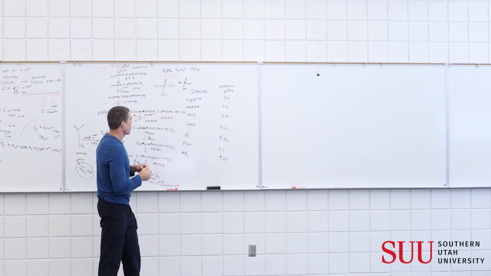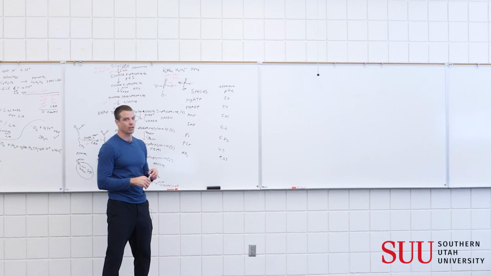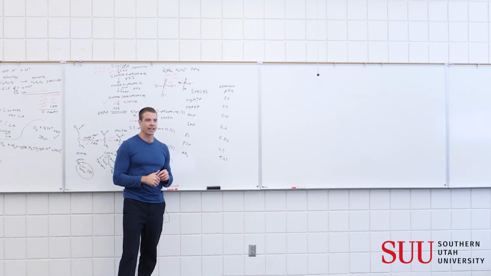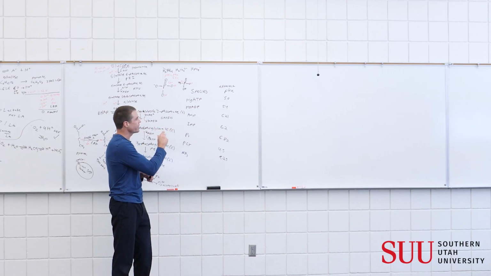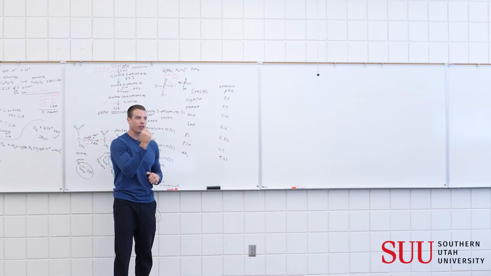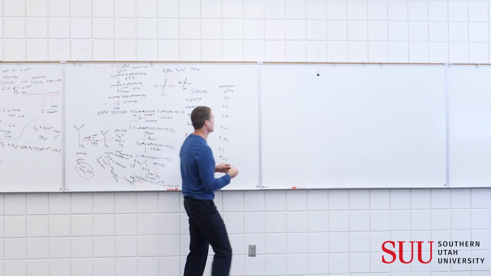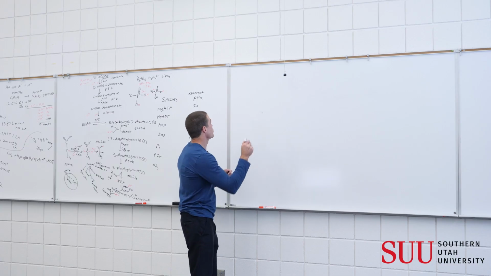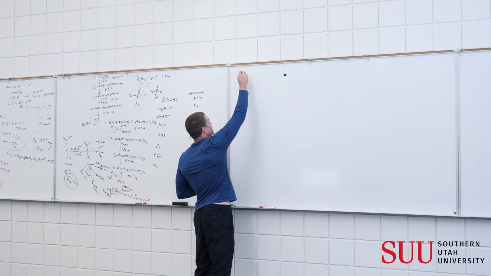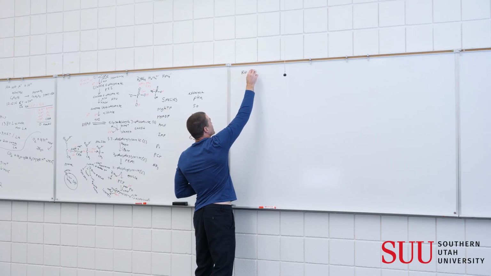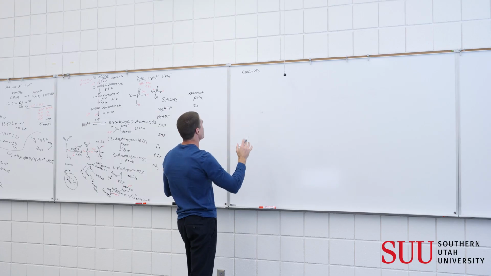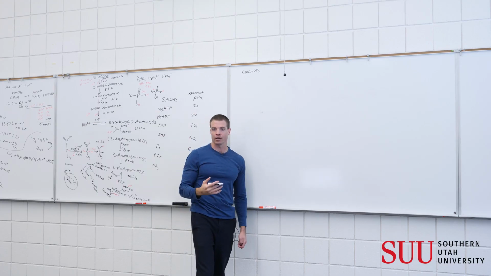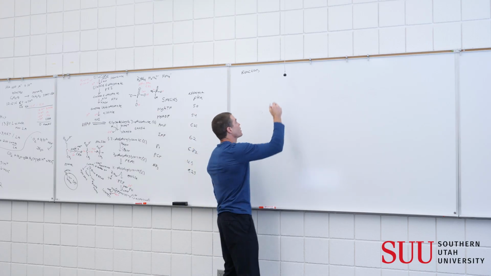So now let's look at some of our reactions. Let's start with glycolysis, and then we can see what the effect of each reaction is going to be on the pH. So what we could do is put in each effect.